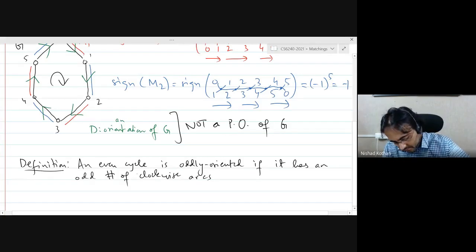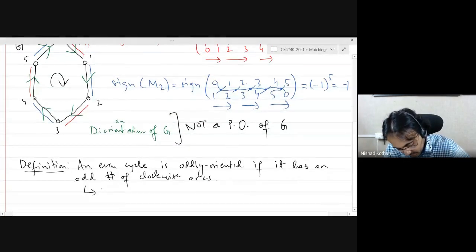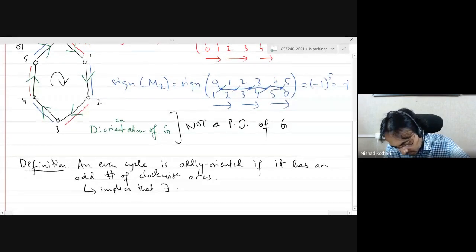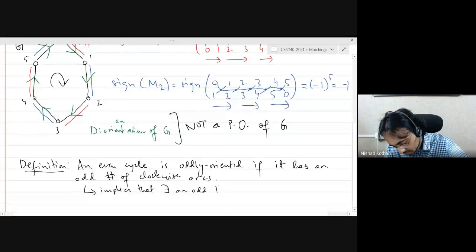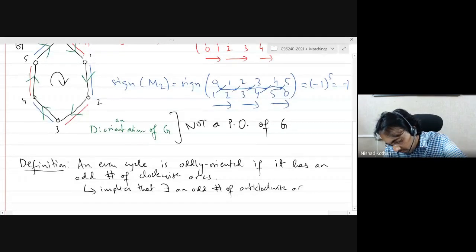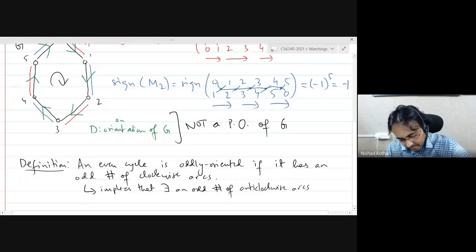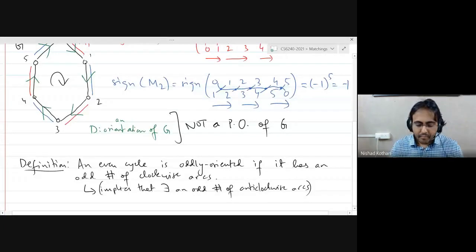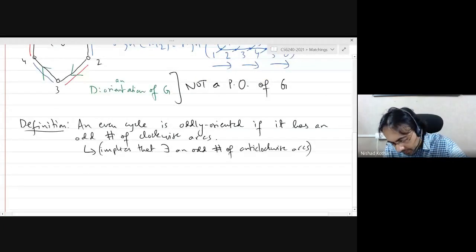And well, if there is an odd number of clockwise arcs, then it implies that there exists an odd number of anti-clockwise arcs, right? And otherwise, it is evenly oriented.